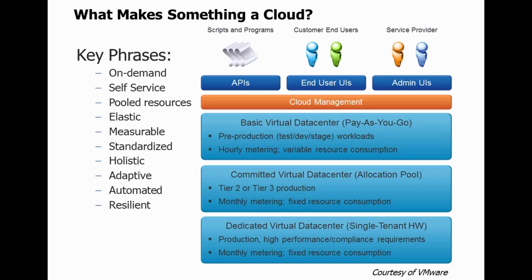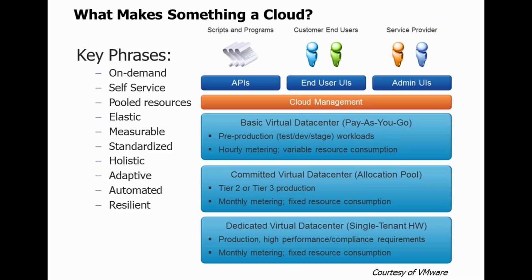And then there's 3 different ways that VMware kind of sees breaking up a data center to do different offerings. They list it as the basic, committed, and dedicated virtual data centers. And they use terms such as pay-as-you-go and allocation pools and single tenants and things like that. We'll go over that more, but it's basically the idea of offering resources at different allocation models.